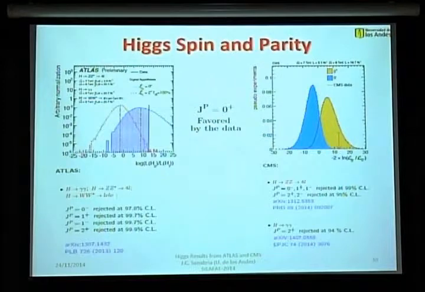Similar rejections were obtained by CMS looking at the ZZ and the gamma-gamma channel separately. So by looking at all these results, what one concludes is that the hypothesis of a 0 plus state is highly favored, and you just can't say more than that at this level.